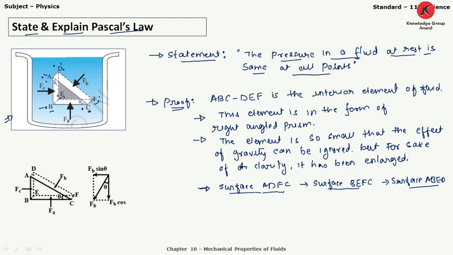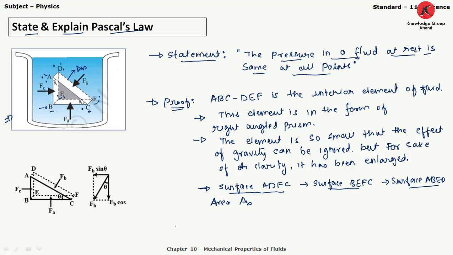So here, in case of surface ADFC, we can see the area is AB. Here we can draw area AB, right?